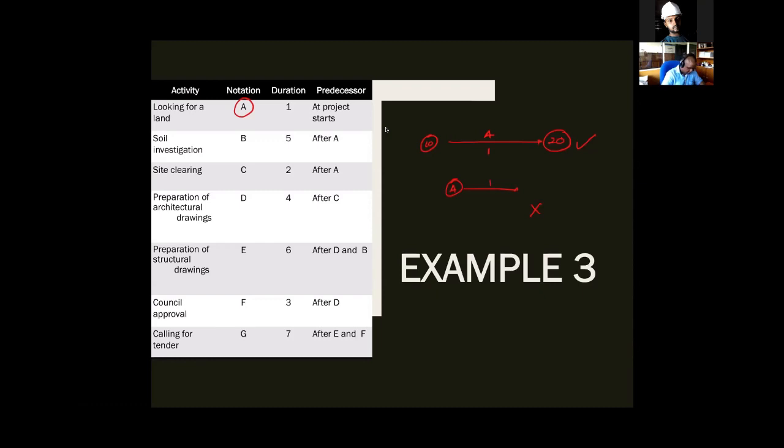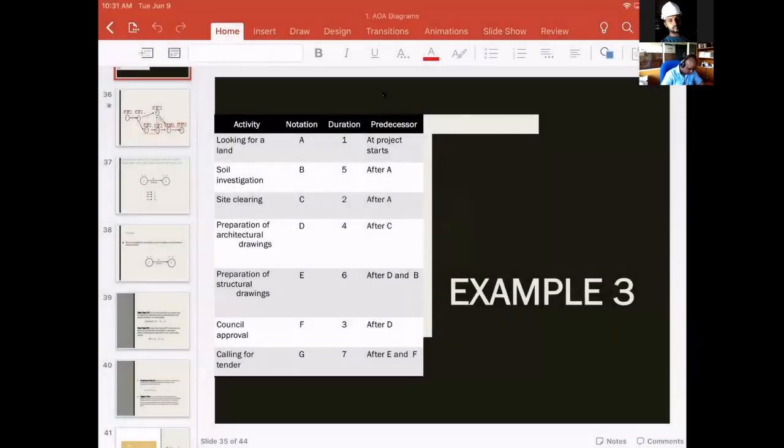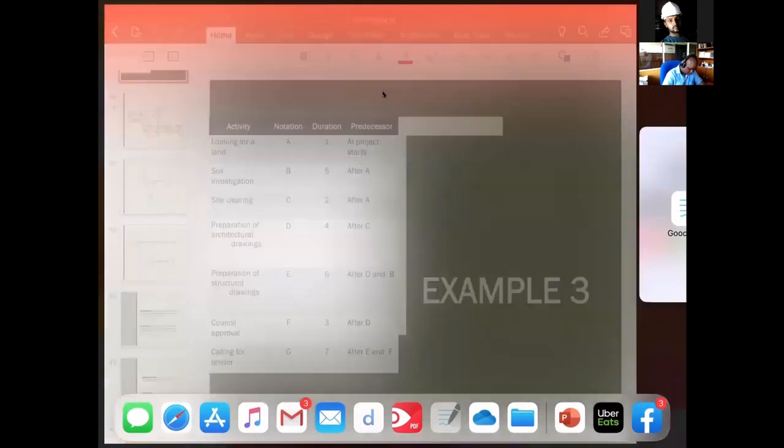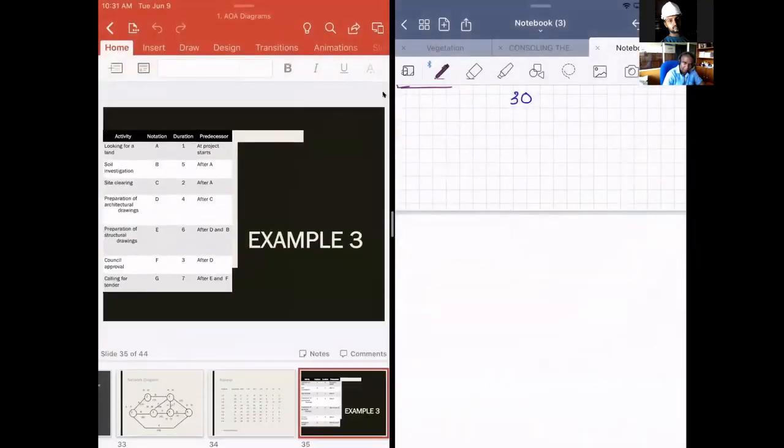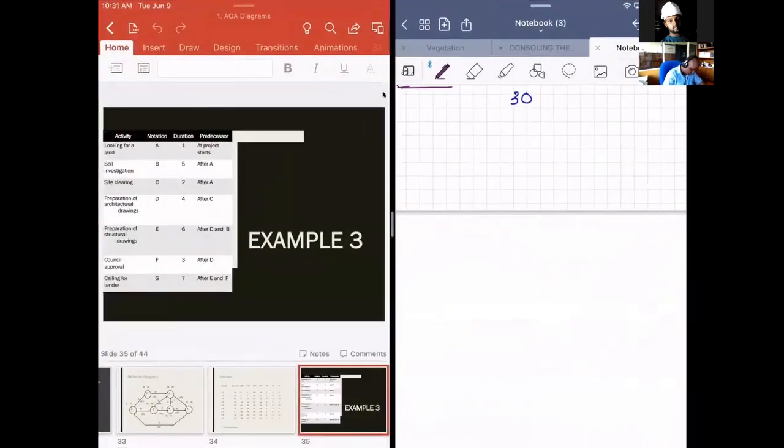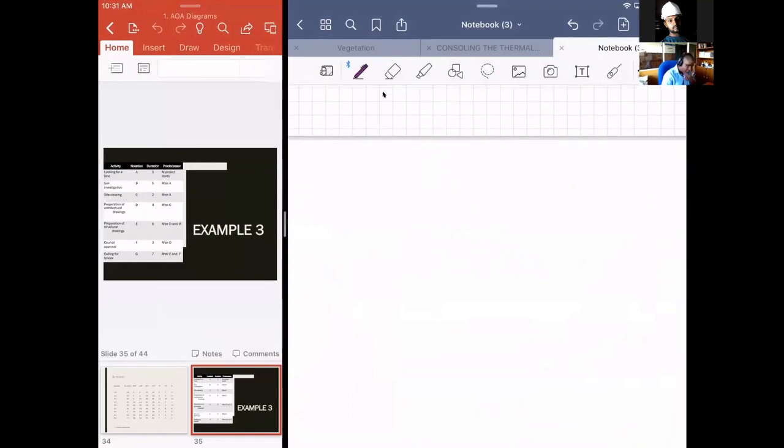Okay, now you can see my screen. So I'll draw this now. There are these activities: soil looking for a land, soil investigation, site drill.